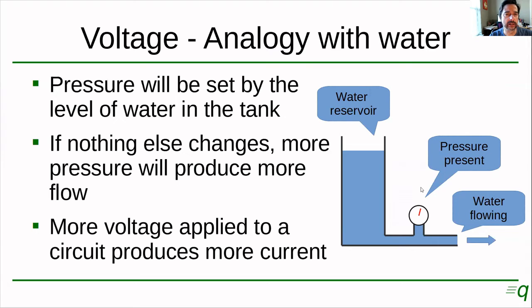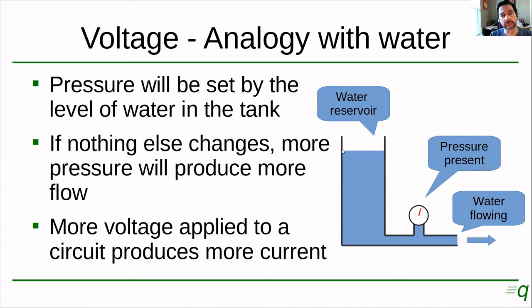In the water analogy, the water pressure is going to be set by the level of water in the tank. If you have a higher level of water, that's going to be more pressure. And if you have a lower level of water, let's say at this level, you will have less pressure. If you open the pipe and let water flow through, it's easy for us to see because we have experienced it, right?